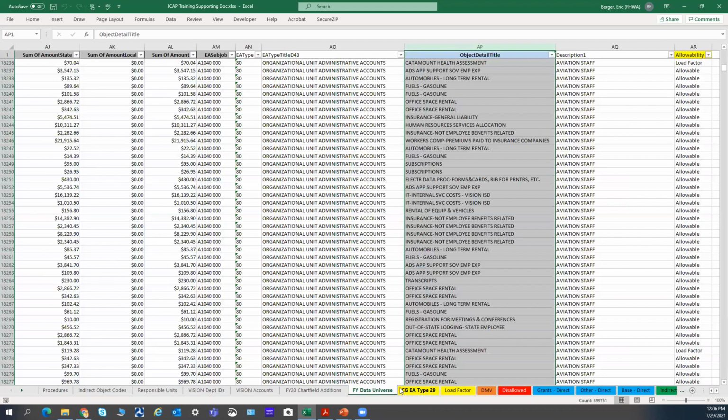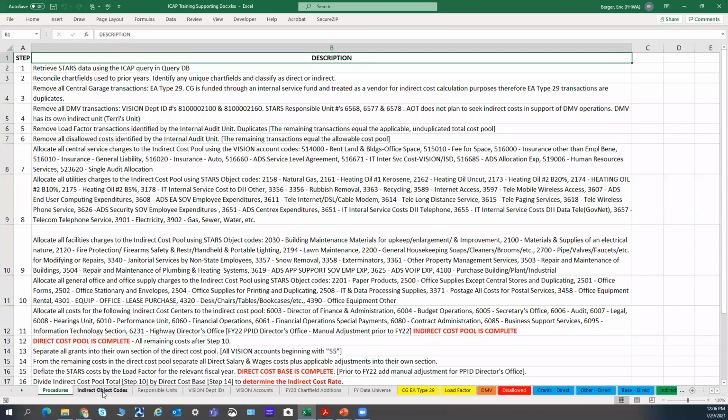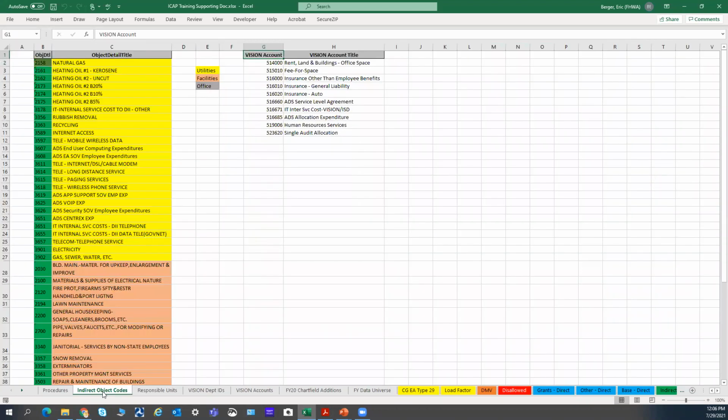Here are the thousands and hundreds of thousands of rows that they pulled for fiscal year FY20 of all of their data, to start querying, extracting, and so on, to get to those various pools that we're going to see here. So here's your indirect cost codes. Remember, they talked about the object detail and those specific codes.